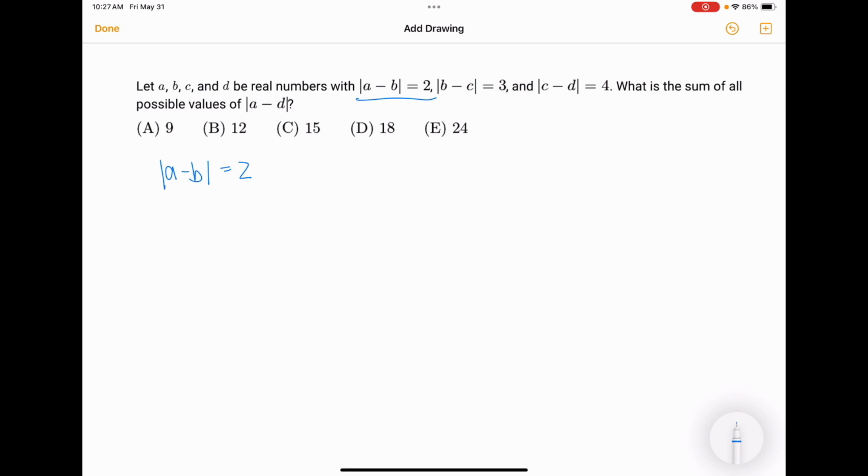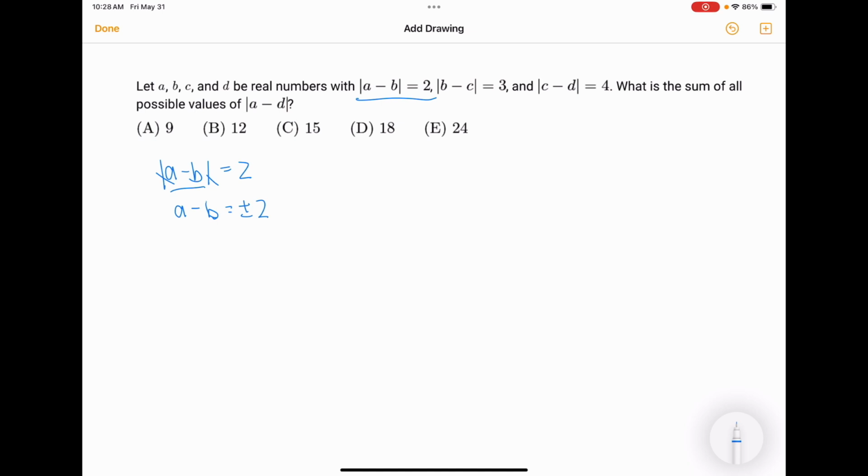As I said earlier, it doesn't matter if a minus b gives us a positive or negative number. Putting it in the absolute value is always going to give us a positive number, in this case positive 2. But if we get rid of the absolute value, that means a minus b could give us positive or negative 2.